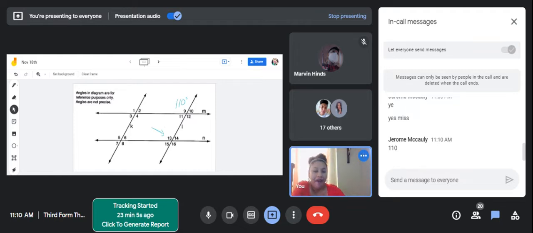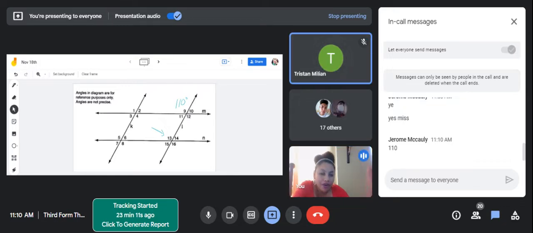What is your reason? Corresponding angles. Very good, Tristan. That is your reason. See, angle 9 and angle 13 are in the same place, so they measure exactly the same. So it's corresponding angles. Next question.